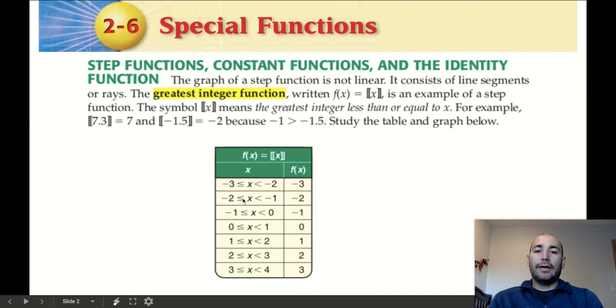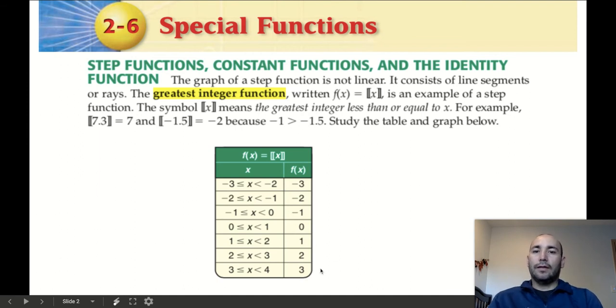All the values of x between negative 2 and negative 1 round to negative 2, and any x value between negative 1 and 0 rounds down to negative 1, and so on and so forth. Any x value within that range will always round down to the next greatest integer.